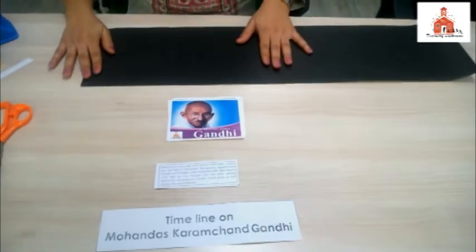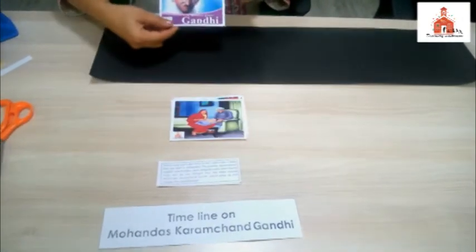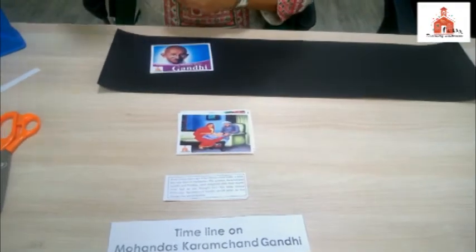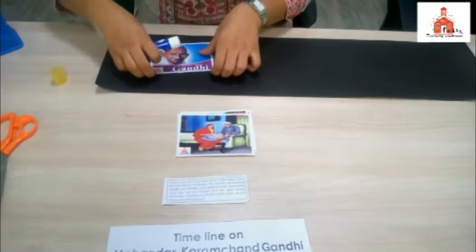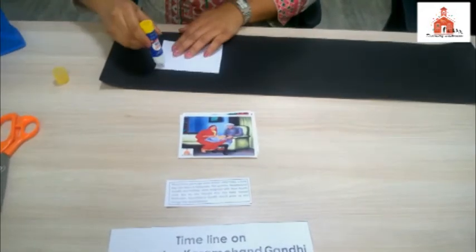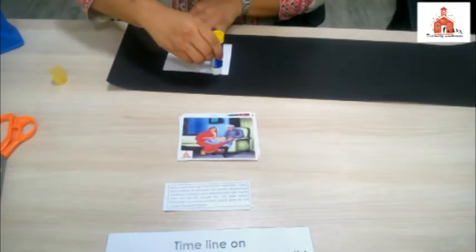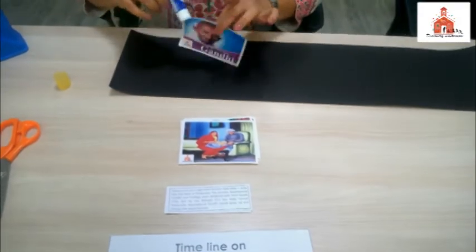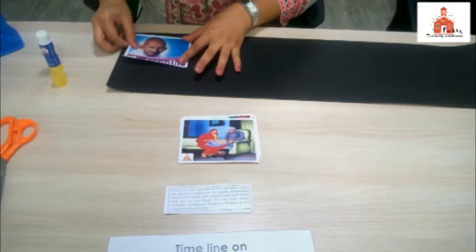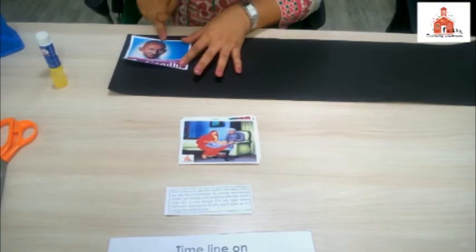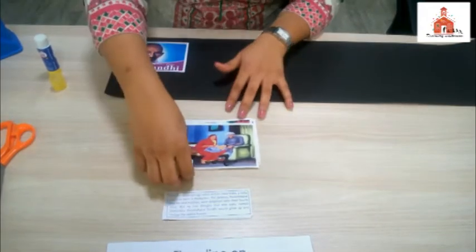Now I'm going to share with you how to start pasting. So taking one card at a time, open the glue stick, turn it upside down. You're requested to spread the glue on the sides and not in the center in order to avoid puckering.